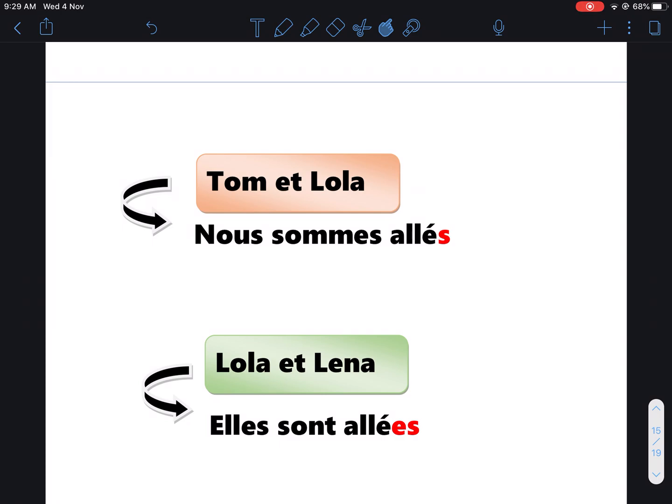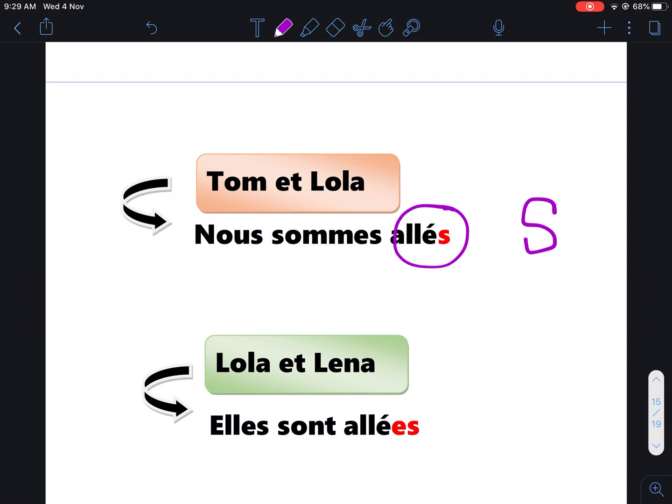So now, when Tom and Lola say, we went, nous sommes allés. Can you see that? We add the ending s to the past participle to show there is more than one person, and it is obviously in plural form. You add s for Tom and Lola.